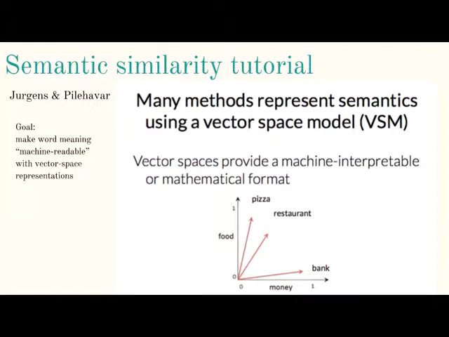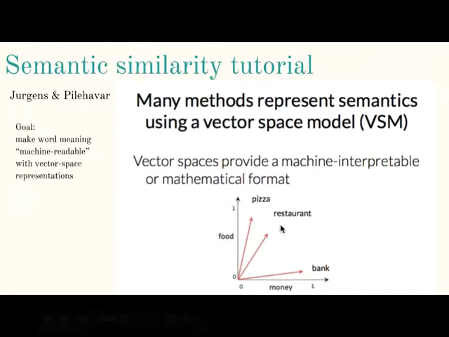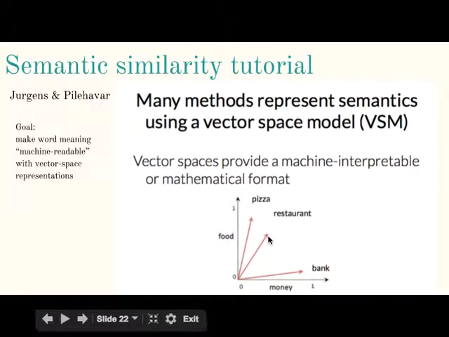The vector space model basically translates words into a mathematical, machine-interpretable format. Imagine you have a vector space where one dimension is food and another dimension is money. Pizza scores pretty high on food, low on money. Bank is the other way around. And a restaurant, since it has elements of both, is a little bit in the middle.